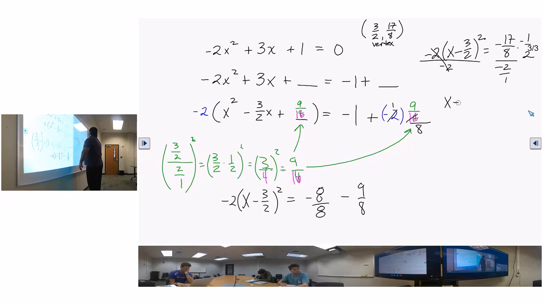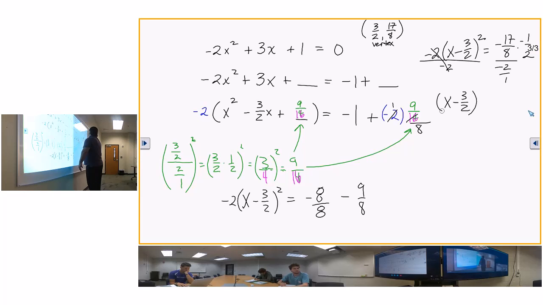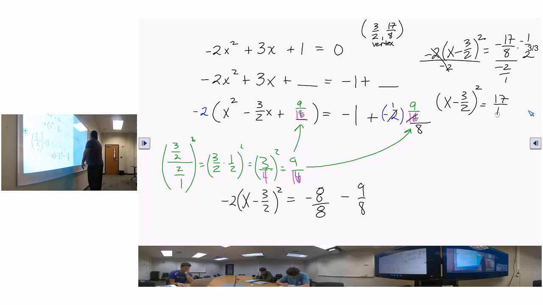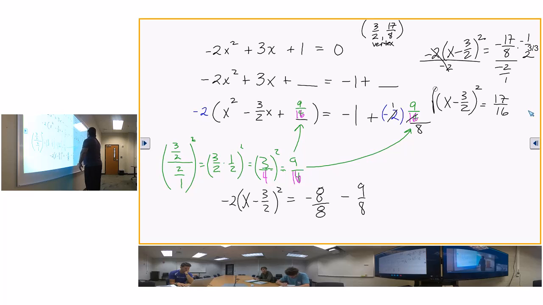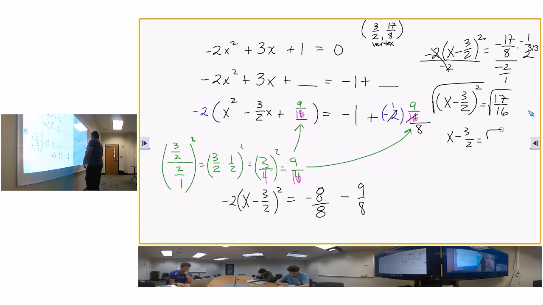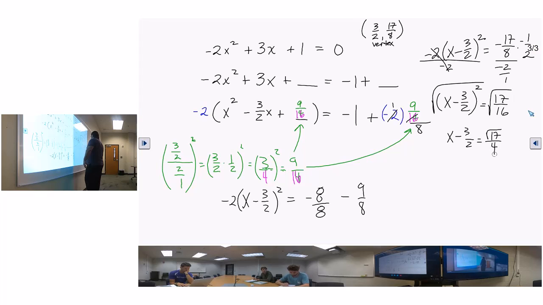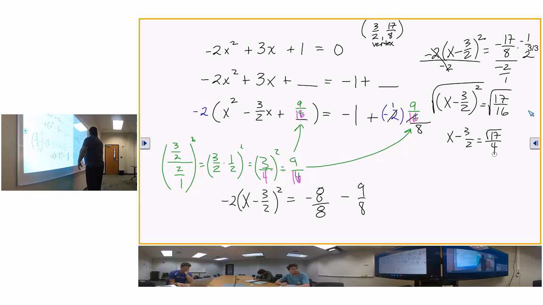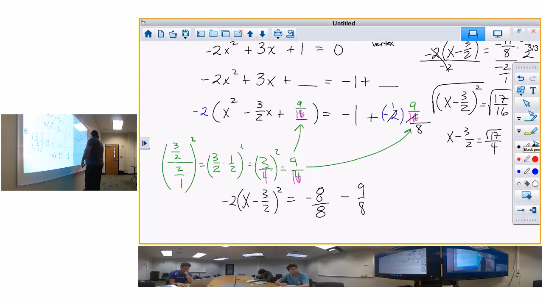X minus 3/2 quantity squared is equal to positive 17/16. Take the square root of both sides. X minus 3/2 is equal to the square root of 17 over 4. And I'm going to change this to 9 over 4 when I bring it over.